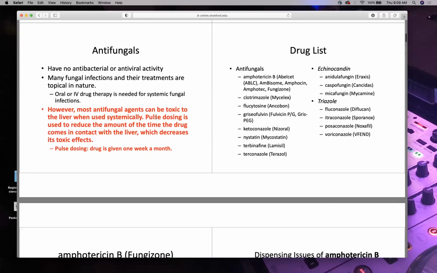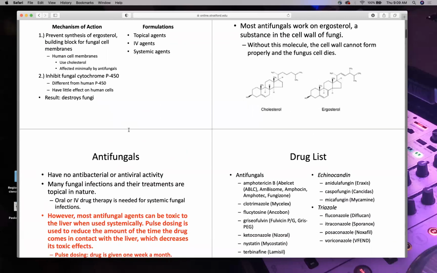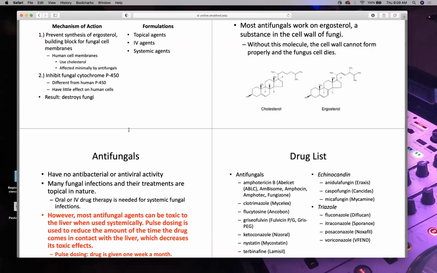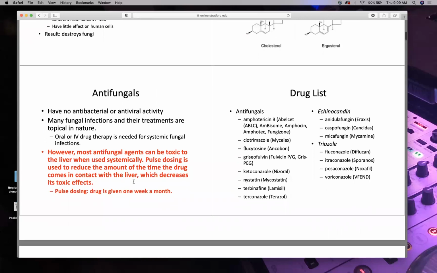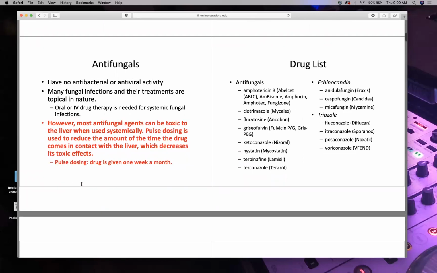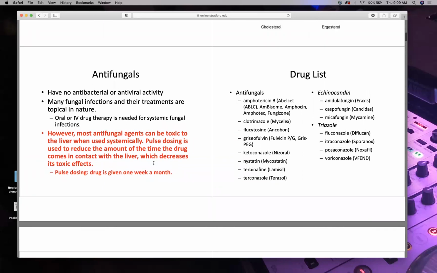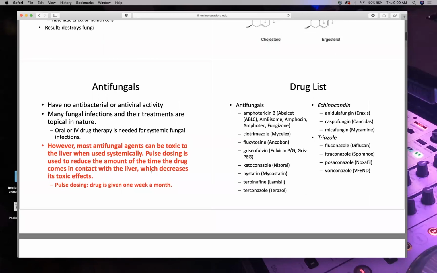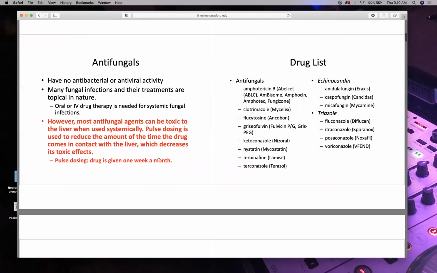So a common side effect is some liver toxicity, especially if it's systemic. But if it's just topical, just a cream, then you should be okay. One way we fix that issue is what they call pulse dosing. I only give it at the beginning of the month or every 2 weeks, that kind of thing, so that the buildup of the drug inside the human system isn't so bad.